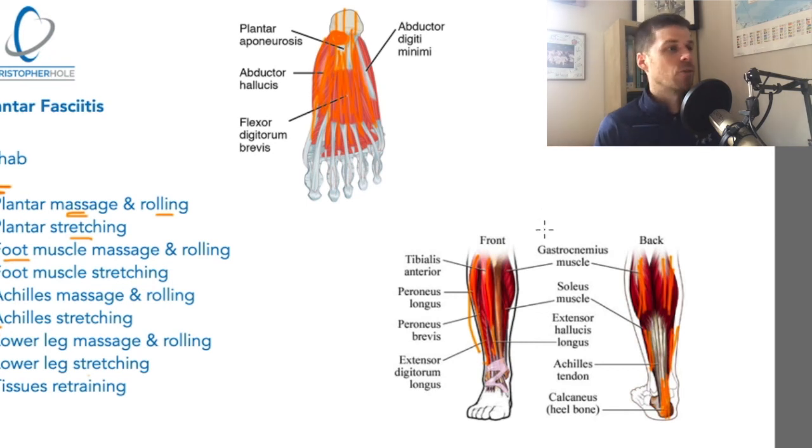Depending on how the consultation went and the initial causes, we would then be looking at tissue retraining. So, is it a biomechanical issue? Is it their running style that's creating the injury, or is it just the fact that they increased the amount that they were doing?